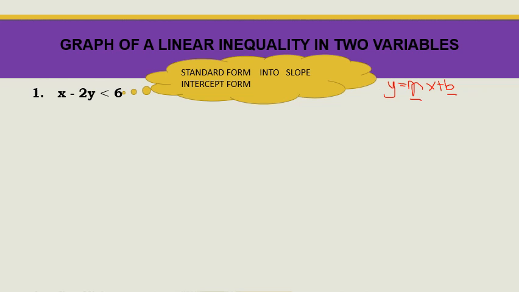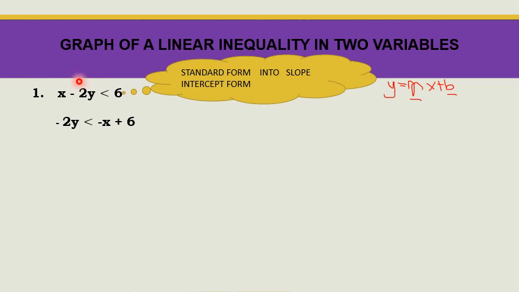So next step: negative 2y less than negative x plus 6. What happened for this one? We're going to change the x to negative using the subtraction property of inequality, or as a shortcut you transpose the x to the other side, the right side.